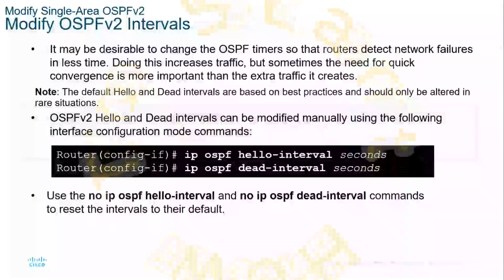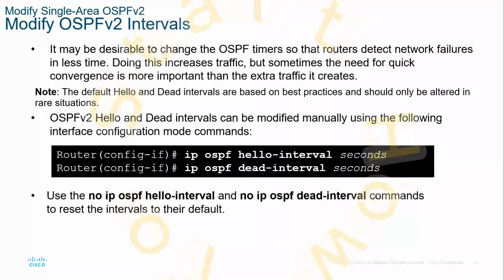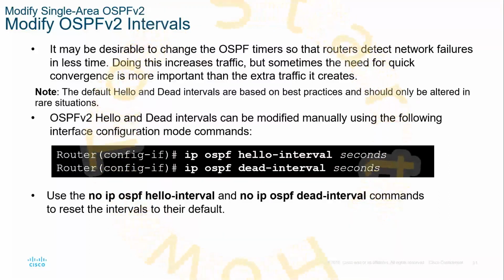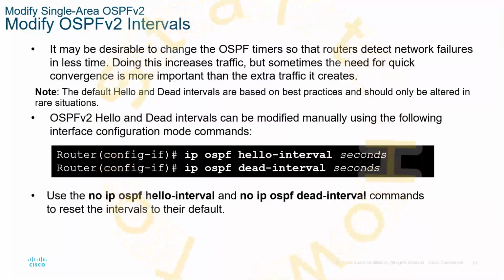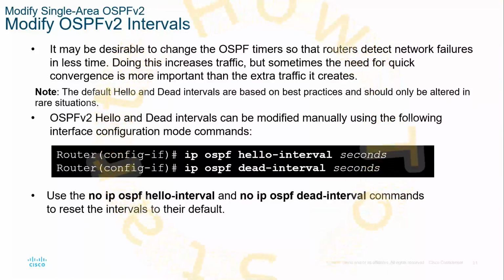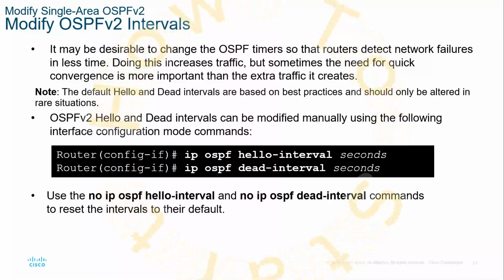So how do we modify the intervals? Underneath the interfaces, we could do an ip ospf hello-interval and the number, or a dead-interval and the number. You can also then remove them by doing the no ip ospf hello-interval or dead-interval command, and that would reset them back to their default values.